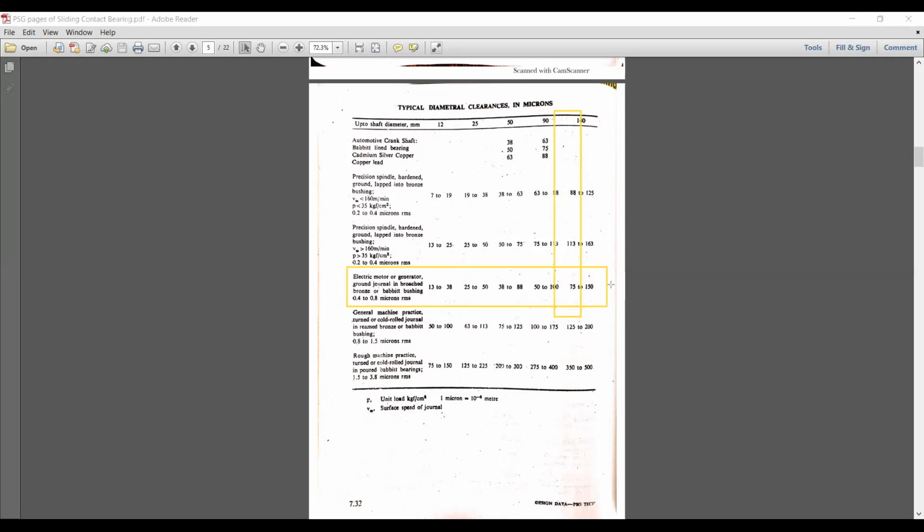The maximum value of diametric clearance for 90 mm diameter is 100, so I'm directly considering C equal to 100 micron. You can choose in the range of 100 to 150, but if you increase the value more, we need to increase the diametrical pressure. Okay, so let's go to the design again.